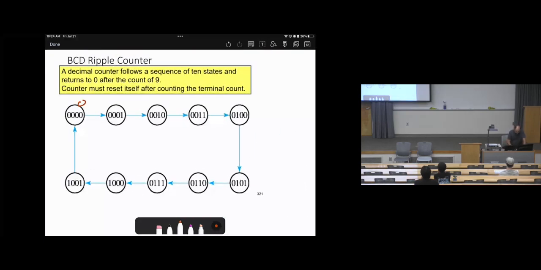We are at 0, then 1, 2, 3, 4, 5, 6, 7, 8, 9, then back to 0. Okay? That's my design, which is a BCD ripple counter. Start from 0 to 9, and after that, it must reset itself after counting the terminal. It must reset itself. That's what we need.